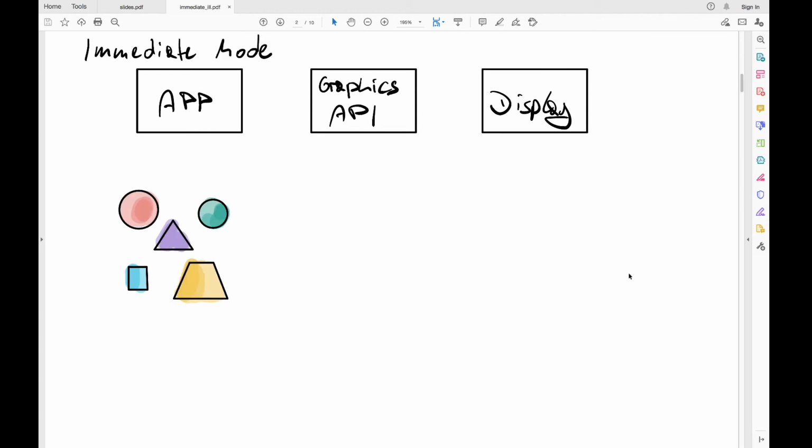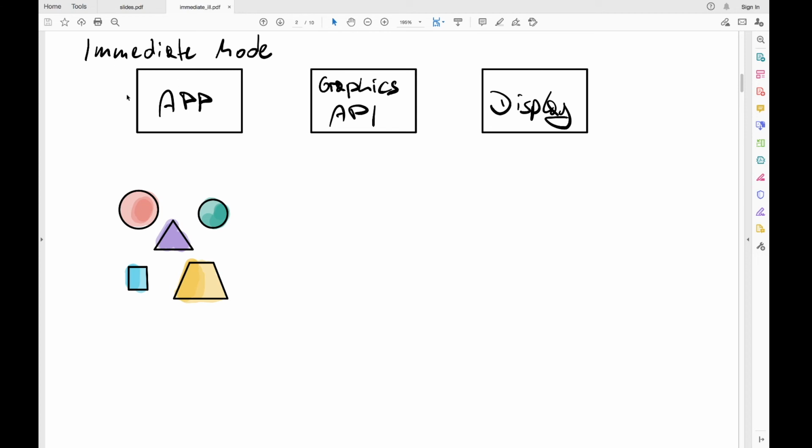The one mode is the so-called immediate mode. In the immediate mode, we assume that we have our graphics API, and the graphics API talks to what I generally call the display here, which is usually much more complicated, but the behavior is that our application can talk to the graphics API, and that will result in an image being displayed.